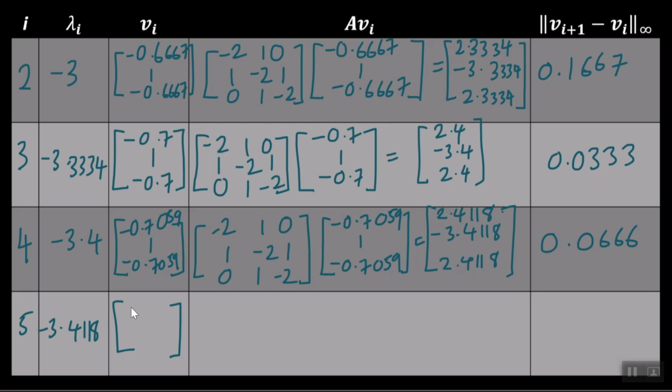And we would get negative 0.7069. Our new error would be the absolute value of this value minus this value, which is 0.001. Now let's look at our stopping criteria again.